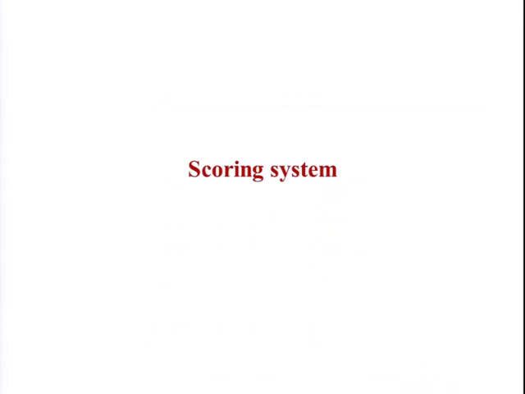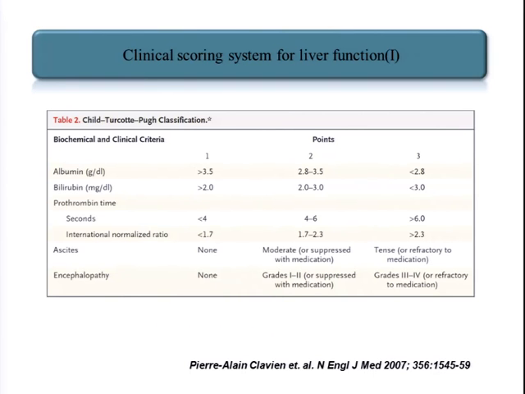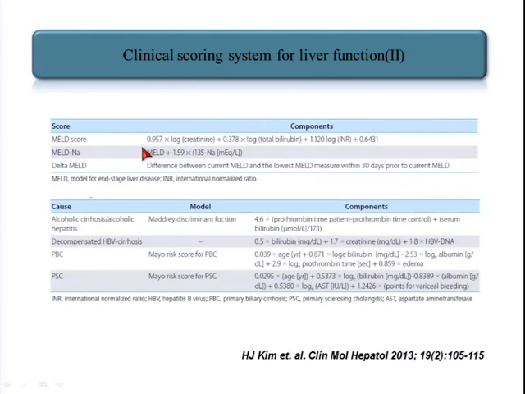Another is the scoring system. The Child classification, as you know, is a very old, very good, and widely used scoring system. Everyone knows about these 5 factors, and it's important for us to understand. Another scoring system is the MELD score.